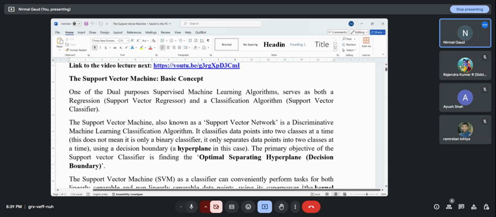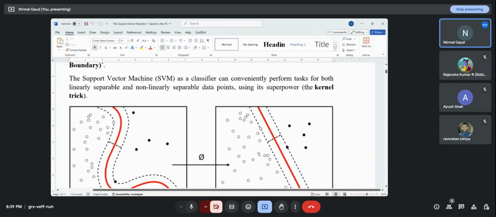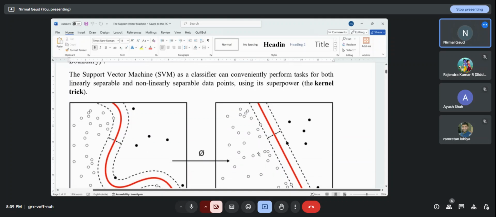Okay, so support vector machine has the ability to perform classification and regression both.